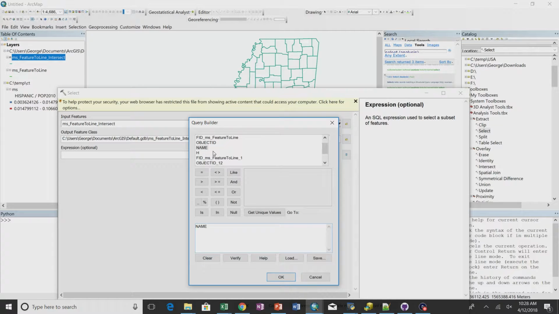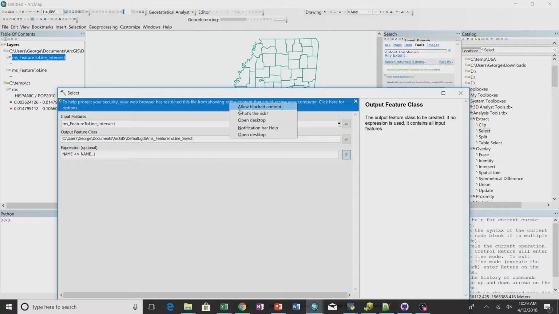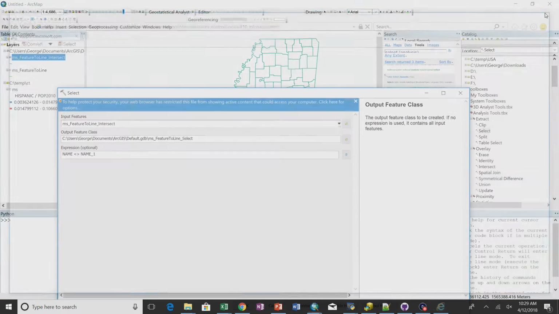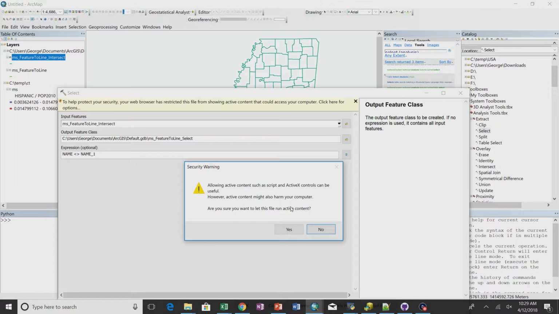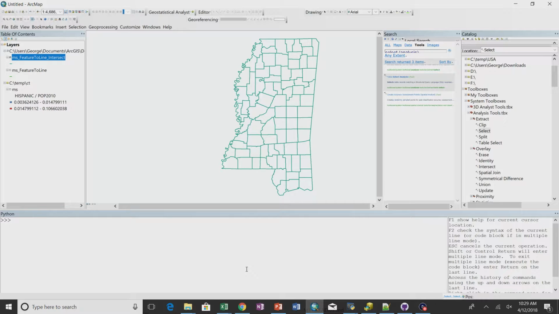So if I say name does not equal name, I'm going to select all the places where the names aren't equal. So I'm going to eliminate all those Forest to Forest and Lamar to Lamar and all the other counties in Mississippi. So I need to do that. Okay, I hit OK.